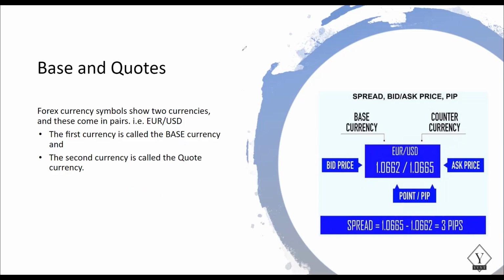Now let's do this example again, right? So the euro is the base currency and the dollar is the quote currency. So on a chart, the market moves like this. And this is how the charts look. We have your y-axis and your x-axis, right?